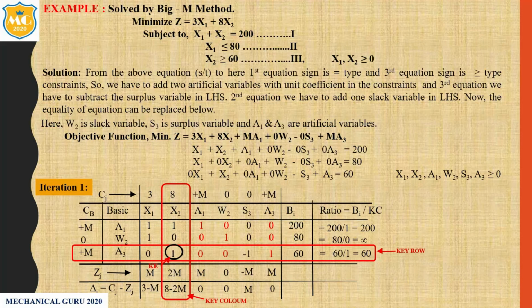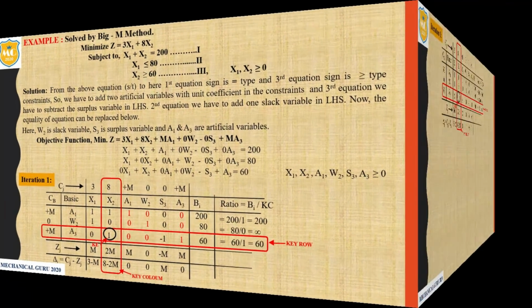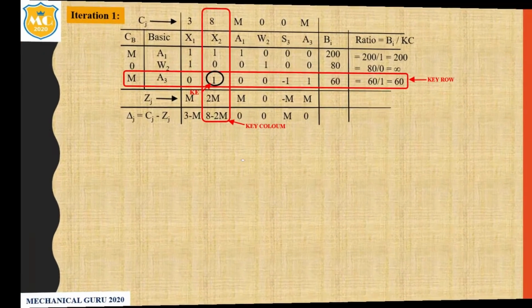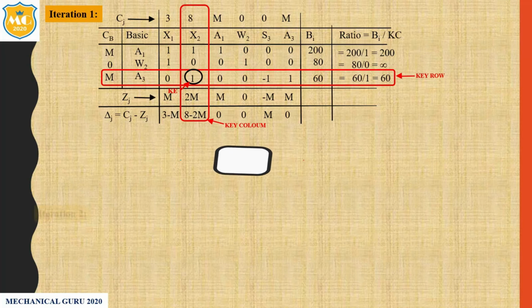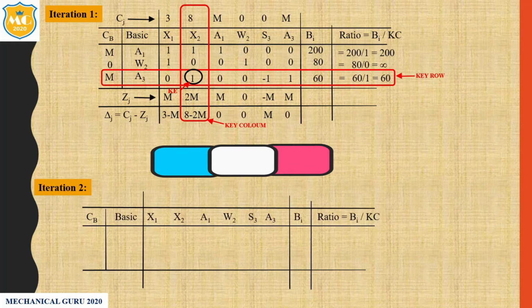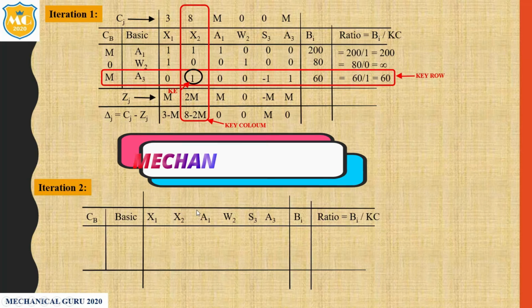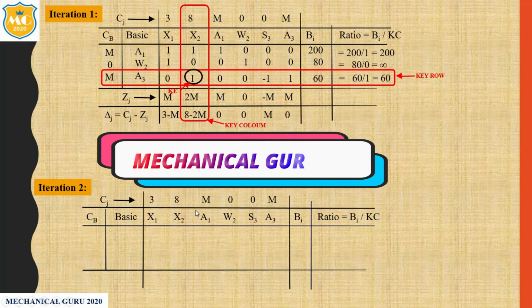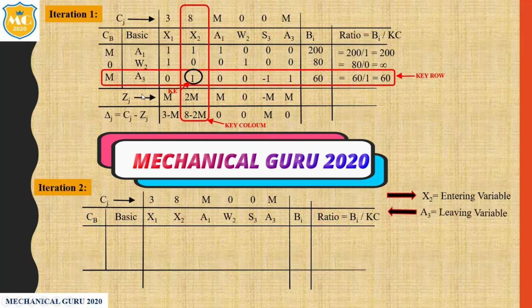Now we will go to the second iteration. In that we have to use this iteration. Okay, as per our standard format, just we have to write down this value and the profit constraint value. Now here x2 is the entering variable and a3 is the leaving variable.